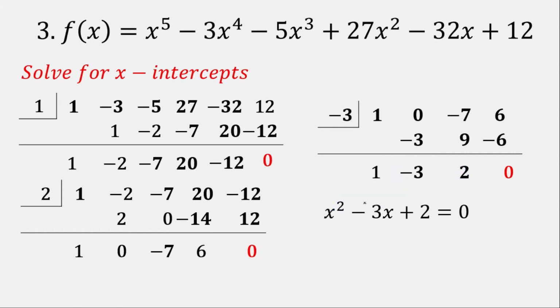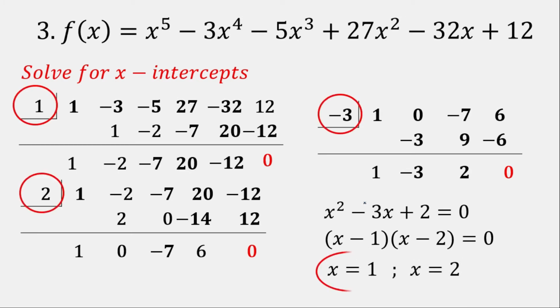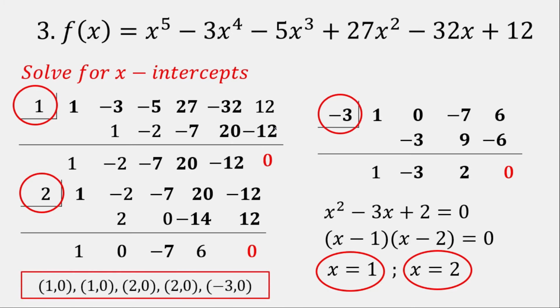Now we can factor this out, and the factors are this. If we equate them to 0, we get x is equal to 1 and x is equal to 2. So we have these 5 values of x that will make this polynomial function equal to 0. Now all you have to do is to add 0 to it and you get the x-intercepts.